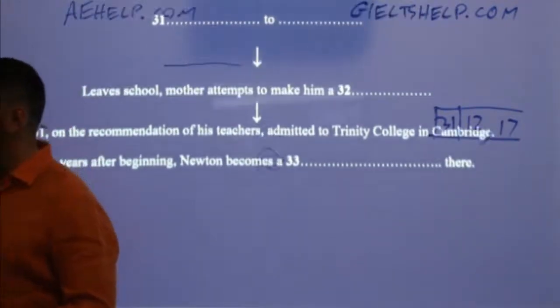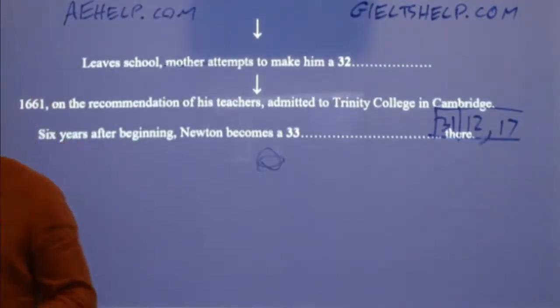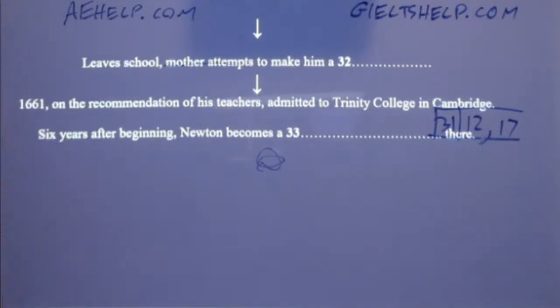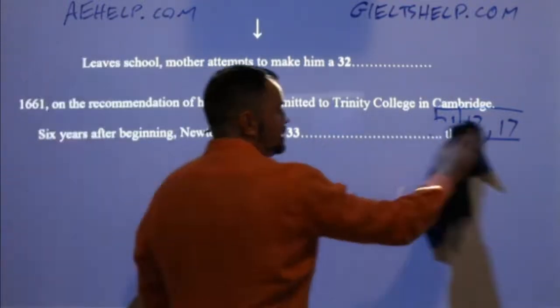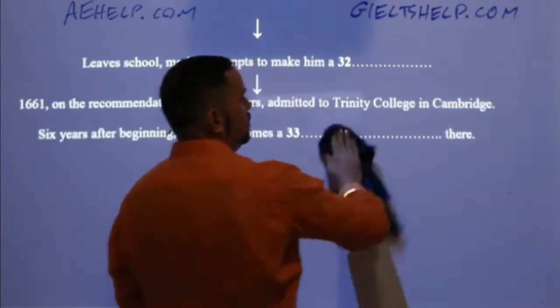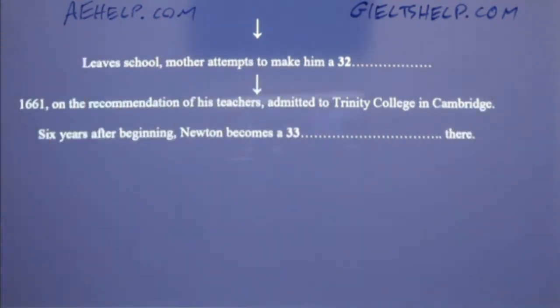Okay, number 32, leave school. Mother wants to make Newton what? Mom was not too over enthusiastic about Newton's desire for books, maybe. Mom wants to make Newton into a farmer.